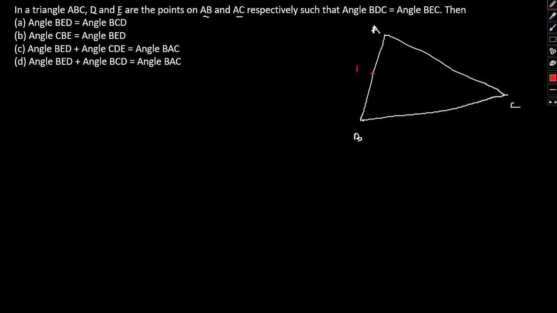Let this be D, let this be E, such that angle BDC is equal to angle BEC. So these two angles are equal. Then we need to find angle BED. Let me join DE as well, because we have a few options pertaining to ED, whichever angle we can actually prove.